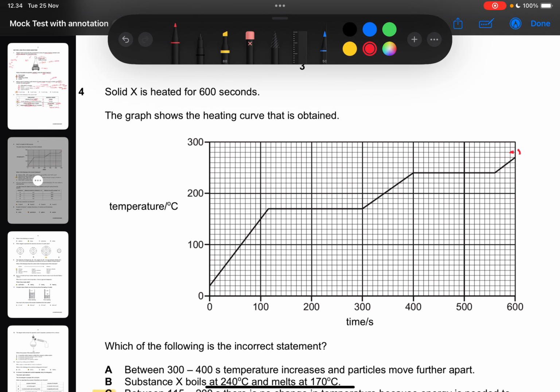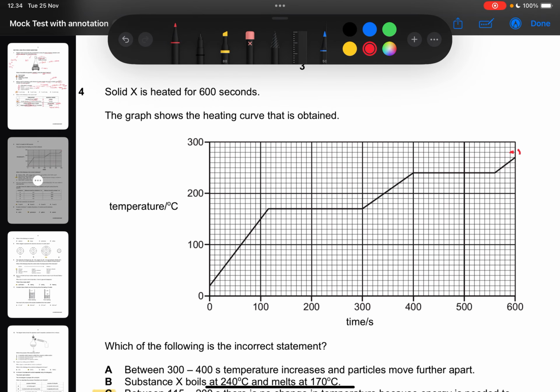So from this graph, we can tell that our melting point or freezing point is at this temperature. So that will be around 170 degrees.